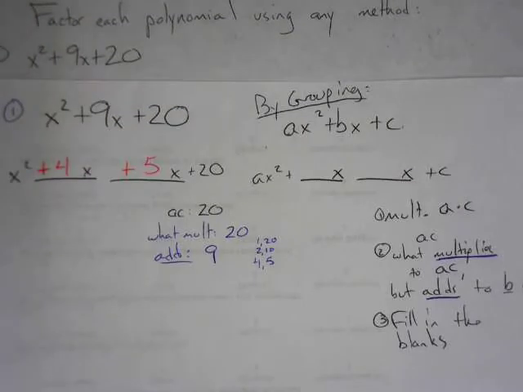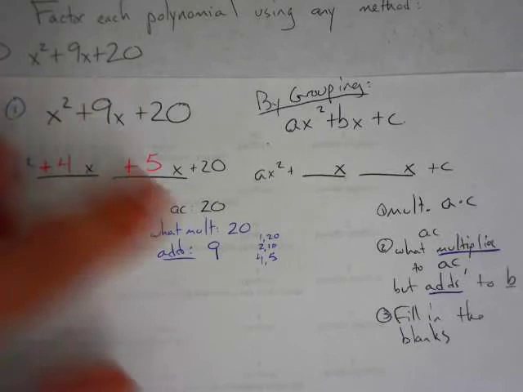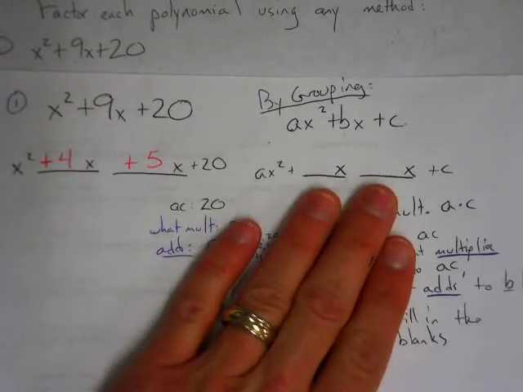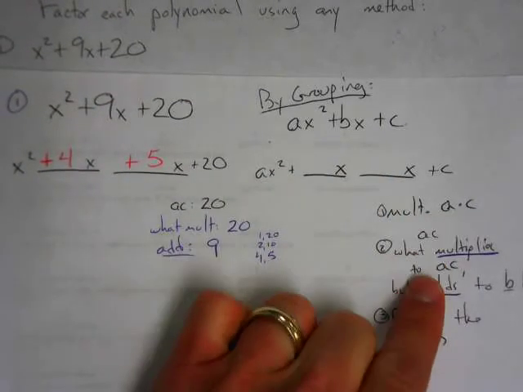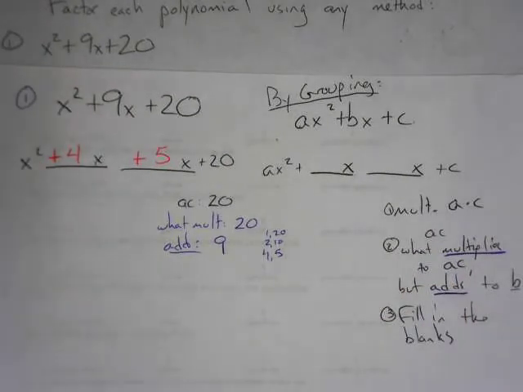So we have filled in the blanks. This is how we can factor trinomials by grouping, and this works all the time, if the trinomial can be factored anyway. So far we have set up the blankety blank, we multiplied a times c, and then we figured out what multiplies to a times c but adds to give us b, and then fill in the blanks.